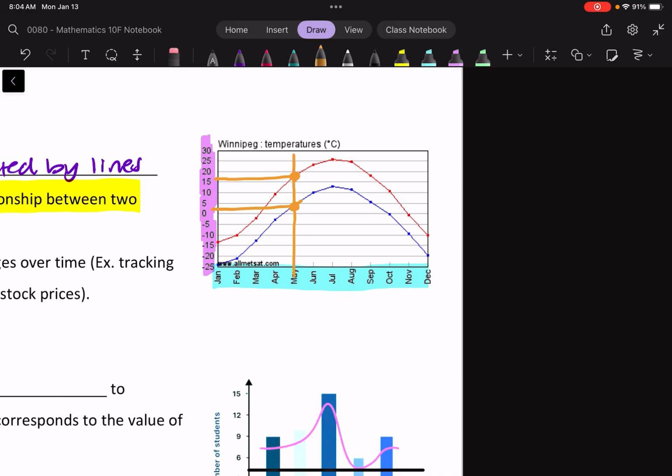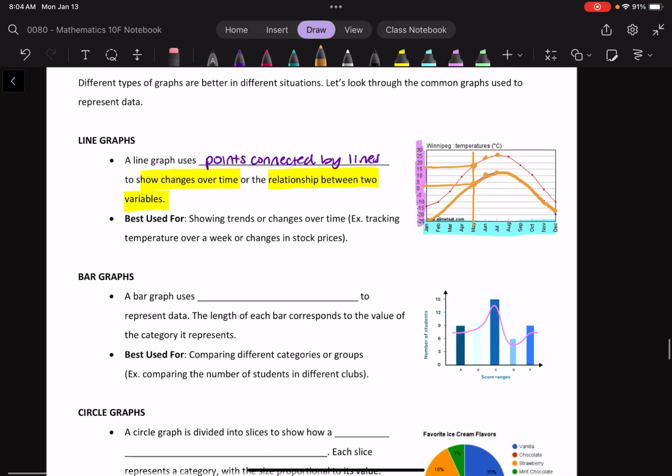The low May temperature might be around 4 degrees Celsius. And so they're plotting the points, and they're doing that for every single month. So that's what these dots represent. Those are your plotted points. And then they are connecting them with a line. In this case, that's a little bit more of a curve because that's what my data requires. It's not just going up. Okay, so that's a line graph.